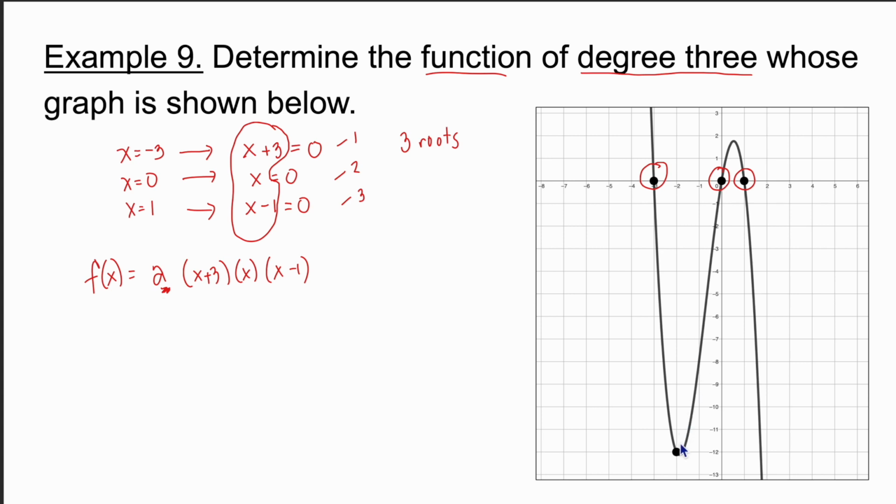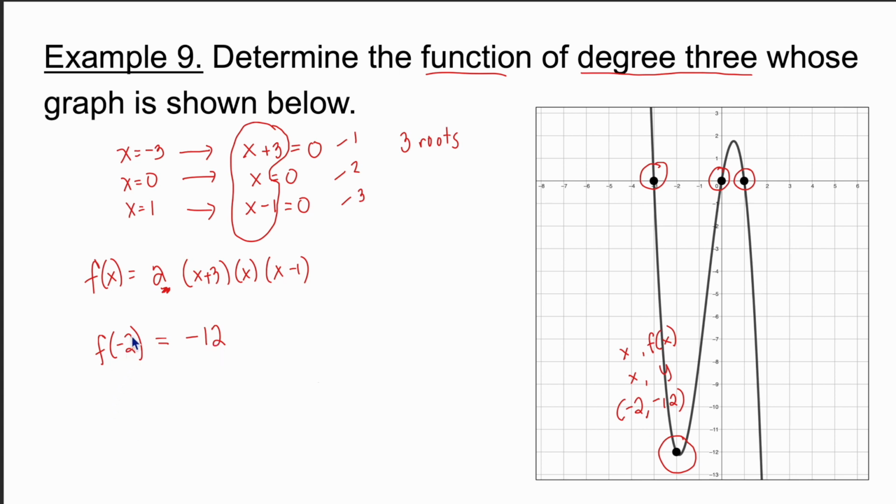Note that, meron pa tayong isang point dito. This point is negative 2, negative 12. Ang ibig sabihin nito, this is your x, and this is your y, or this is your x, and this is your f of x. Ibig sabihin, at f of negative 2, the value of f of x is negative 12.